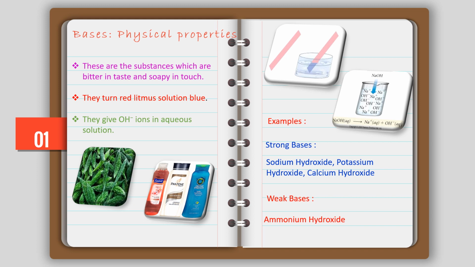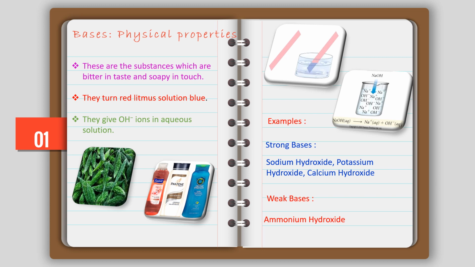So bases are substances that are bitter in taste. In the next picture you can see shampoo. When we touch shampoo, what we feel in our hand is that the hands feel slippery.